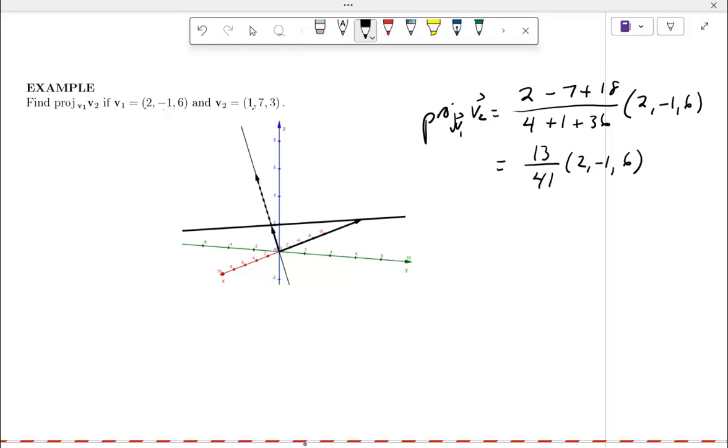All right. So let's continue on with this idea of orthogonality, but move it up to the idea of subspaces and bases. So that's what's going on in the next section here.